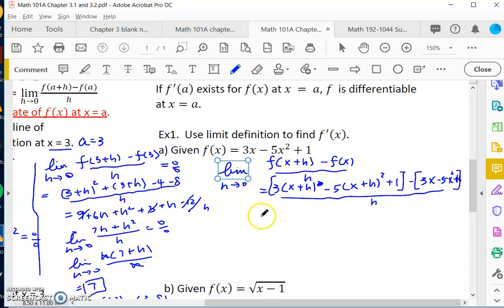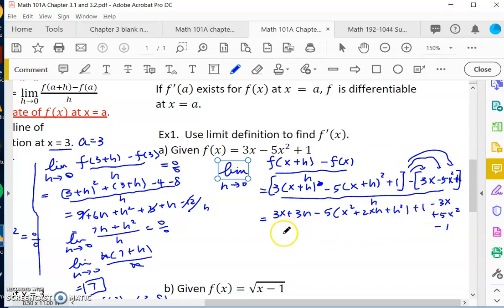So we have 3x plus 3h minus 5, and do the square first: x squared plus 2xh plus h squared, plus 1, minus 3x. Distribute this minus, plus 5x squared. Distribute this minus 1 to this with a plus sign, and distributing the plus 1 becomes minus 1. All of this has to be divided by h.